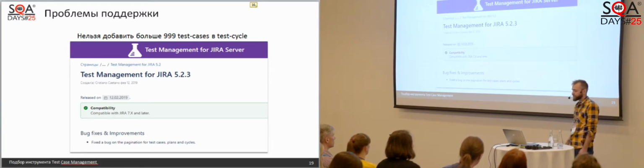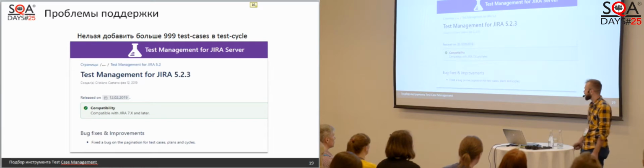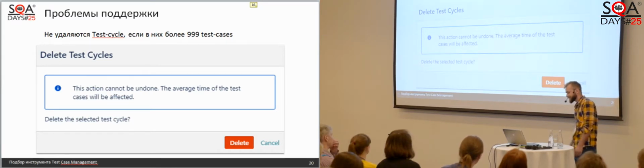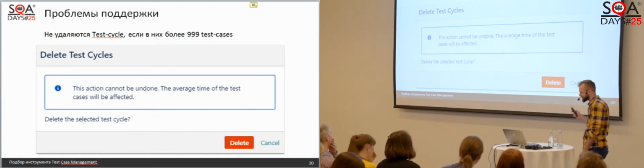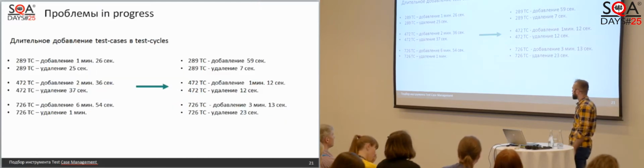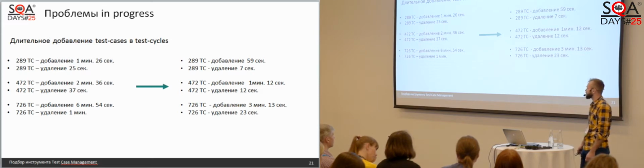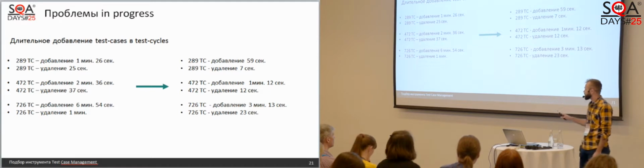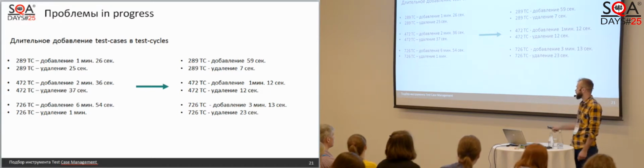This problem was redirected to the vendor, who quickly remedied it as part of compatibility with JIRA 7, and impossible to delete the first run or test cycle, which already had more than 999 cases. Another unpleasant issue was adding test cases to test cycles. On your left, on the right, you can see information upon launch.